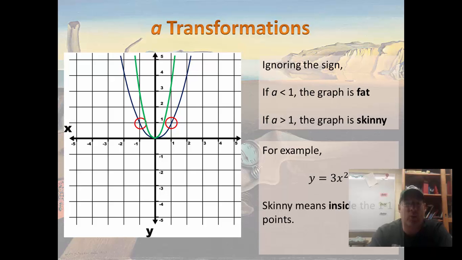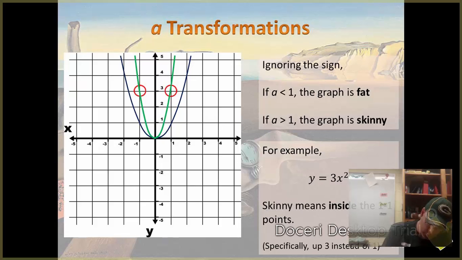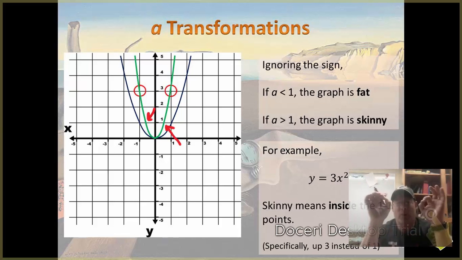Instead of being at 1, 1, it goes over 1, up 3. That green function is the new function, 3x squared. And here's what I'm looking at, right here and here. Those points are inside the 1, 1 points.